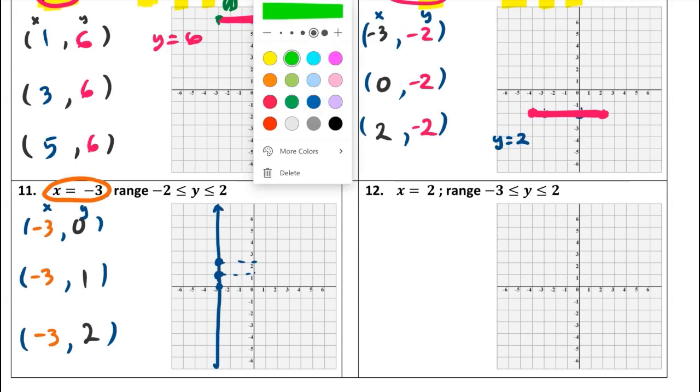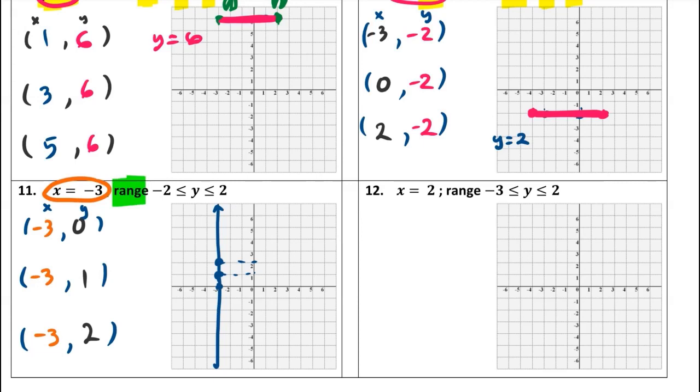Now domain is for x, range is for y. Y between -2 and 2. So at -2 on the y axis, you're gonna chop it right here. Cut. And at 2, you're gonna chop it right here.